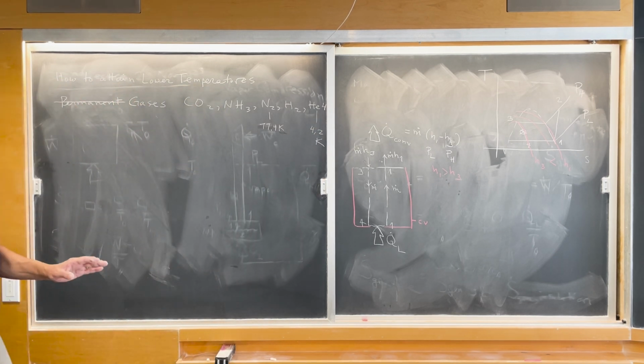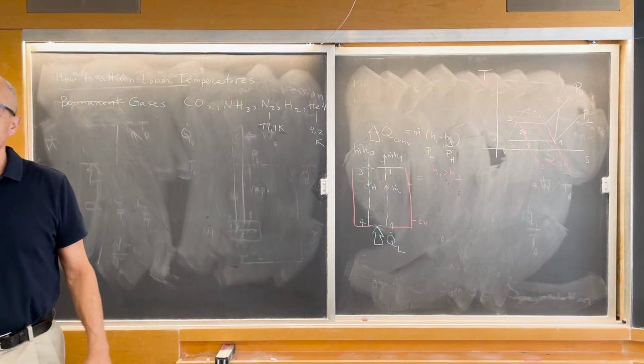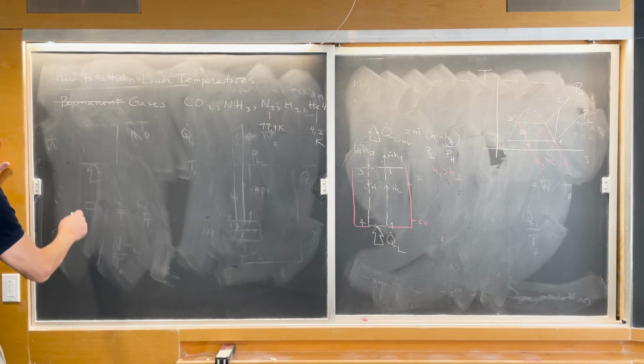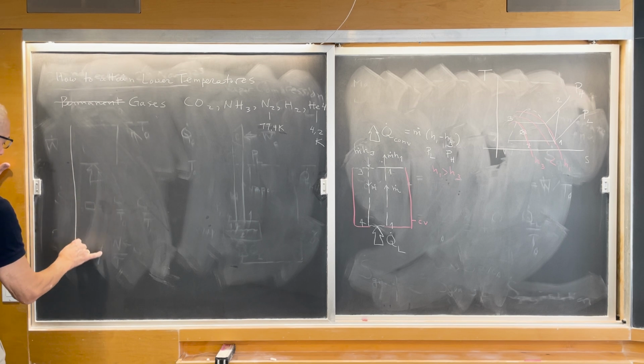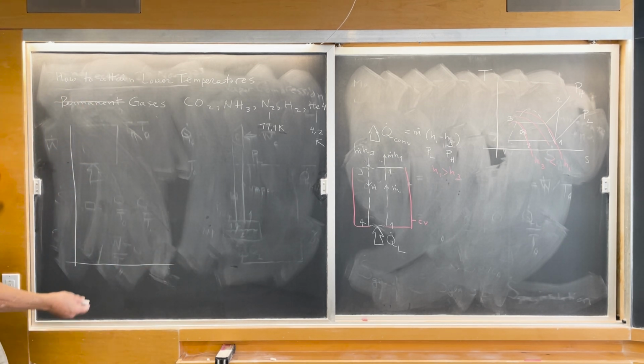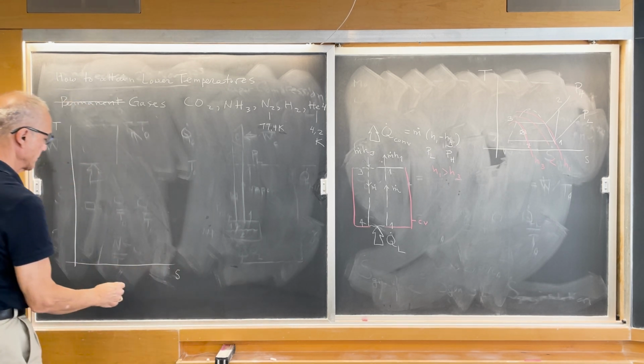And the outlook of the contrivance that I sketched is not changing, except that the drawing looks really strange. It is very, very skinny. T versus entropy.